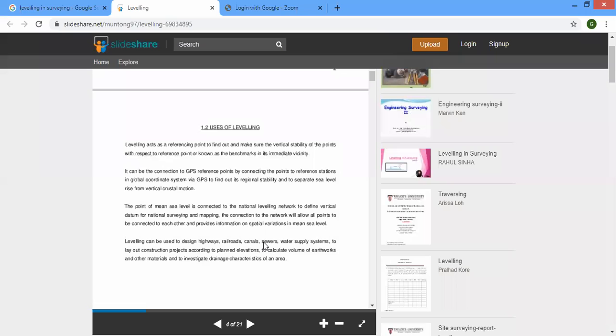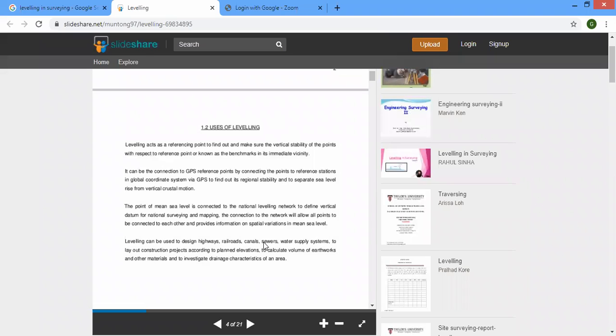To maintain that, you have to perform a leveling survey so that you can fix the level of the bottom and the top of the reservoir. Once you know the levels at various points, you can decide how much ground is to be cut or filled to maintain the required level.